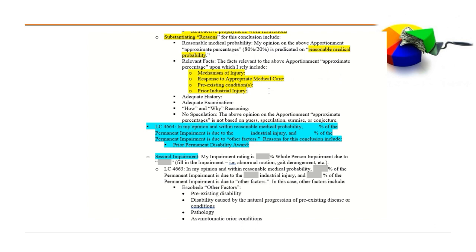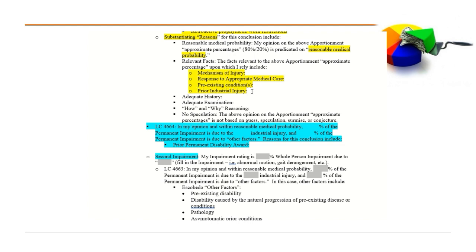Now, what facts are relevant to those percentages? Well, there could be some facts related to the mechanism of injury that support your percentages. There could be some facts related to the response to appropriate medical care. There could be some facts regarding pre-existing conditions. There could be some facts regarding prior industrial injury.